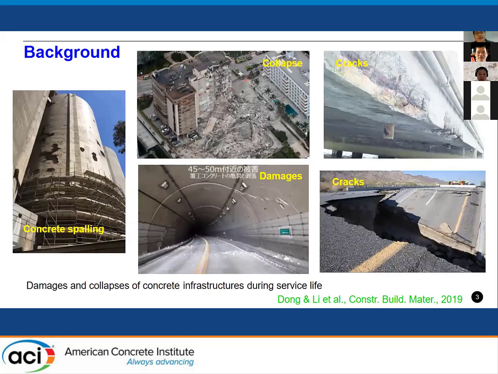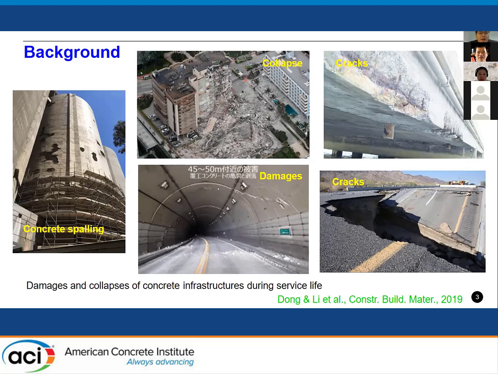Okay, at the beginning, as we know, concrete is the most widely used construction material for buildings, bridges, tunnels, harbors, as well as pavement. Concrete is non-conductive. But when we add conductive materials, such as carbon and graphene materials, the concrete turns conductive, and the electric resistivity of concrete becomes much lower. So the conductive cementitious composite can act as cement-based sensors for structural health monitoring.